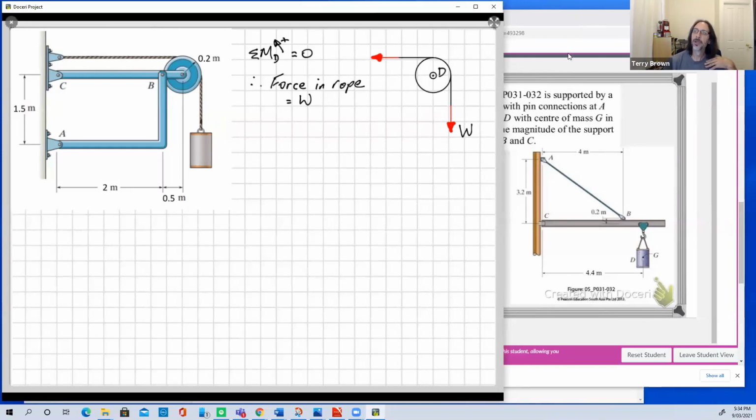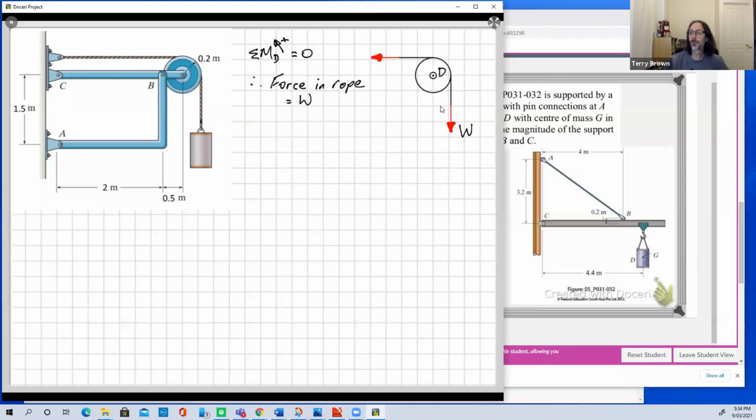Minus W with respect to what? I haven't put any coordinate systems in yet. I haven't said whether to the right is positive or to the left is positive. All I've done is indicate the sense of the force on the rope.